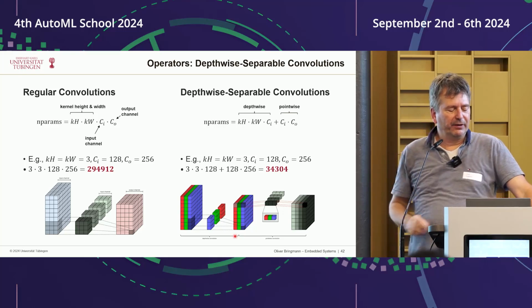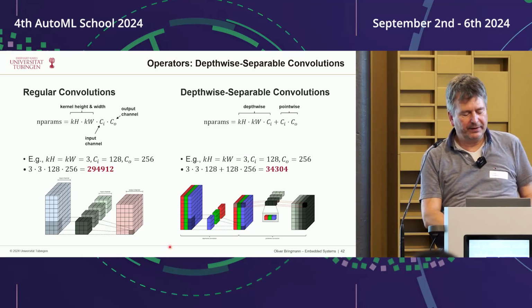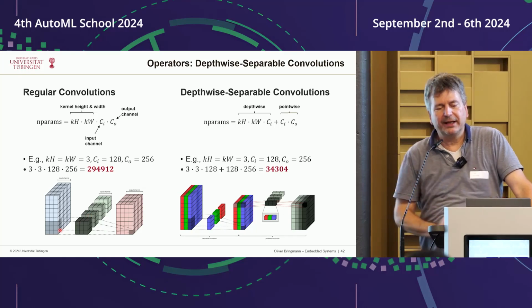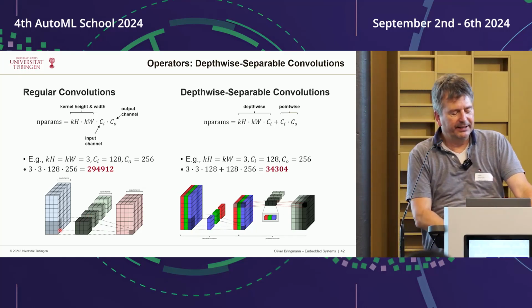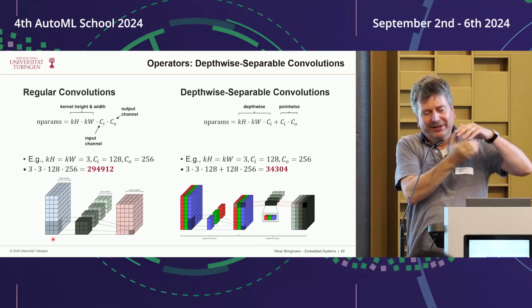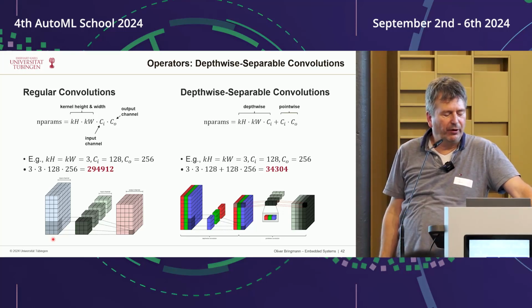And what it means is, if we start with regular convolutions, all channels are considered in parallel, and we have to apply the convolution across all channels and build the accumulated sum across all the channels.